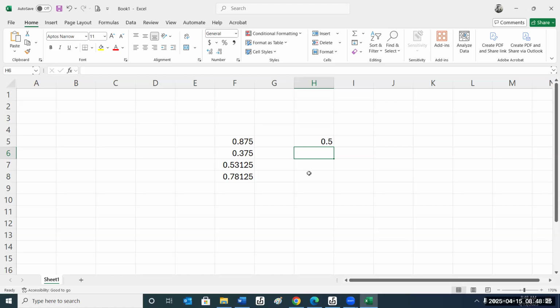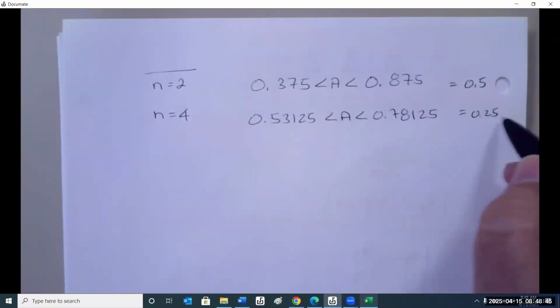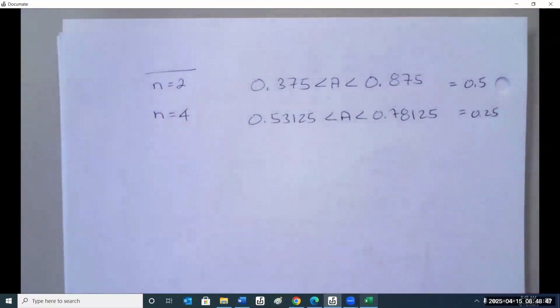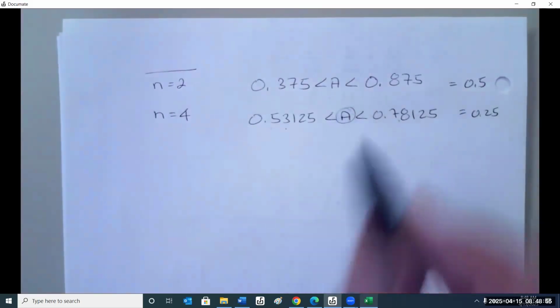The next one we have 0.78125 minus 0.53125. So yes, exactly, good observation. The more divisions we make, the closer these numbers get, the closer we get to the actual area.